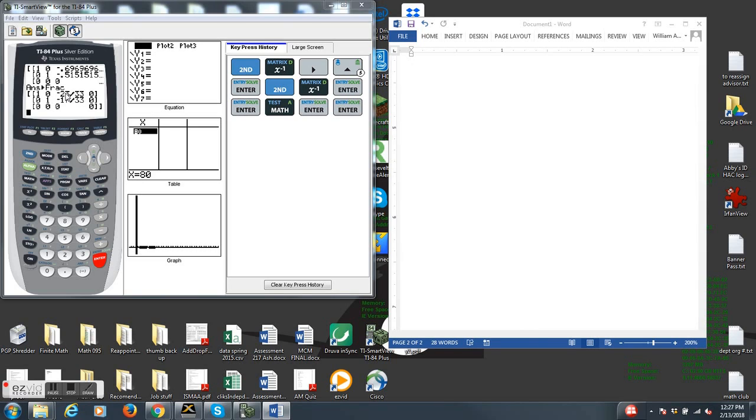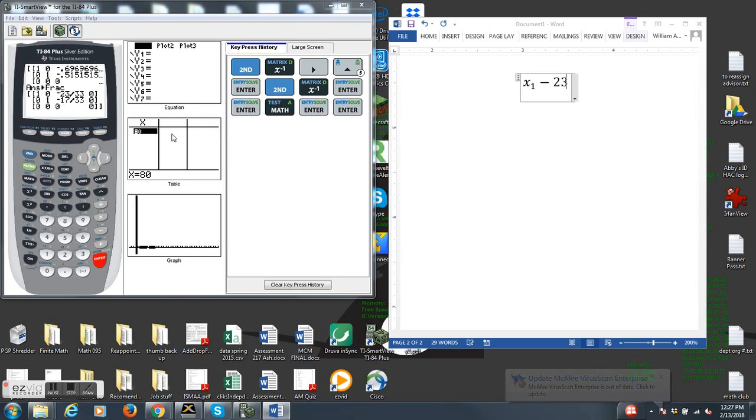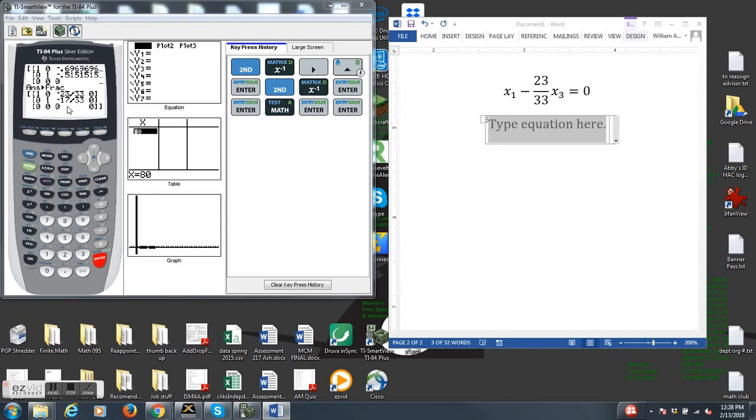What I got on my first row here is 1 x1, or just x sub 1, no x sub 2's, minus 23 over 33 x sub 3 equals 0. My second row has no x1 but an x sub 2 minus 17 over 33 x sub 3 equals 0.